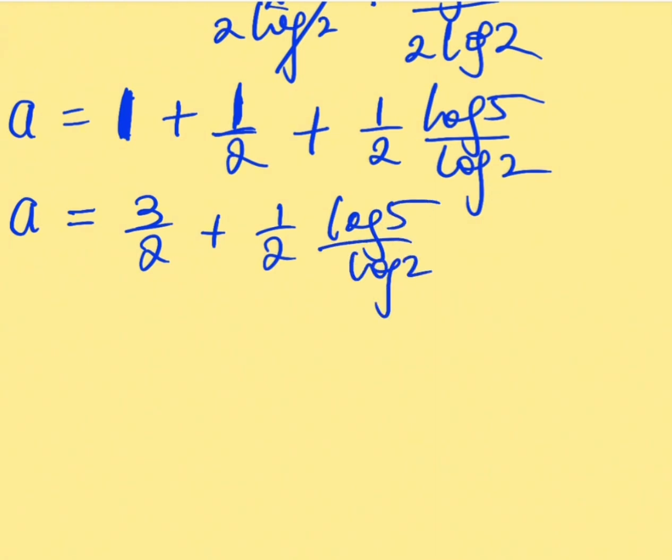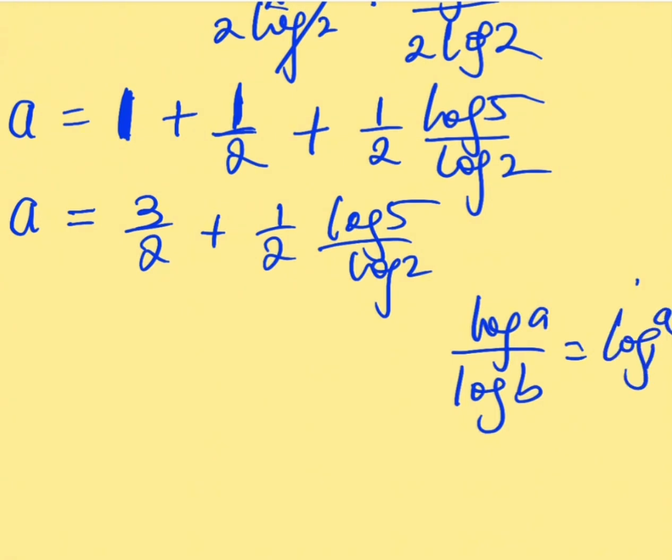Now, if you have log A base B, this is the same thing as log A over log B. From logarithm laws, you can call it log A base B. So I can do the same thing here.